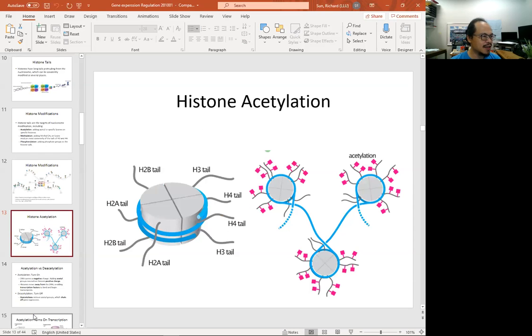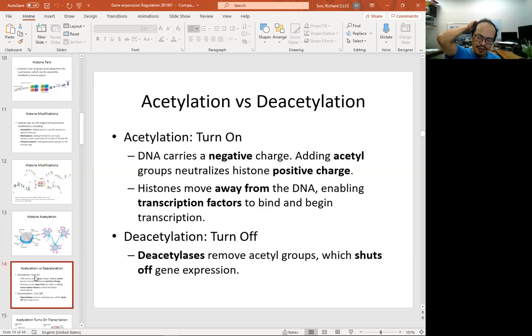Histone acetylation attached to. So this is the histone. It has 8 tails, right? And acetylation can add to several of these tails. Now, what is the function? What's the meaning of acetylation?